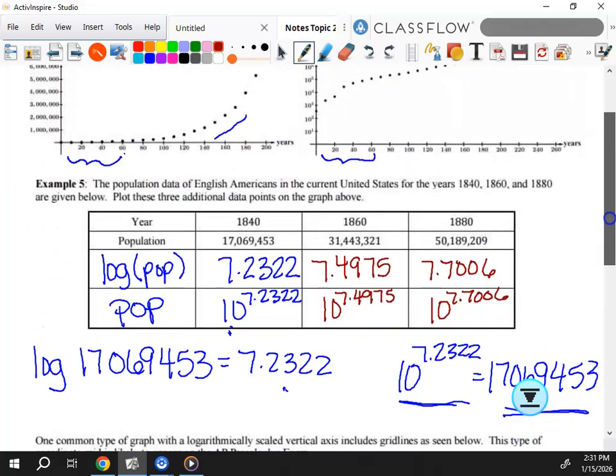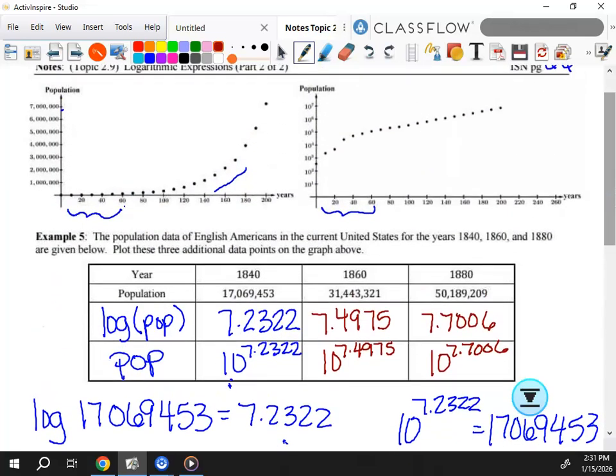So if you look back up at this graph, again, we have 10 to the first, 10 to the second, all the way to 10 to the 7th. So instead of having to go way up off my graph, the first thing I need to plot is 10 to the 7.2322. So at 220, I'm just a little bit more than 10 to the 7th, and then at 240, I'm a little bit more than that. And 260, I'm a little bit more than that.